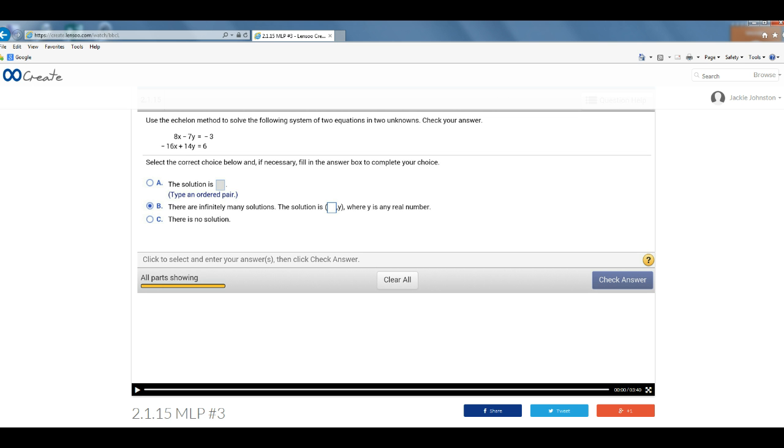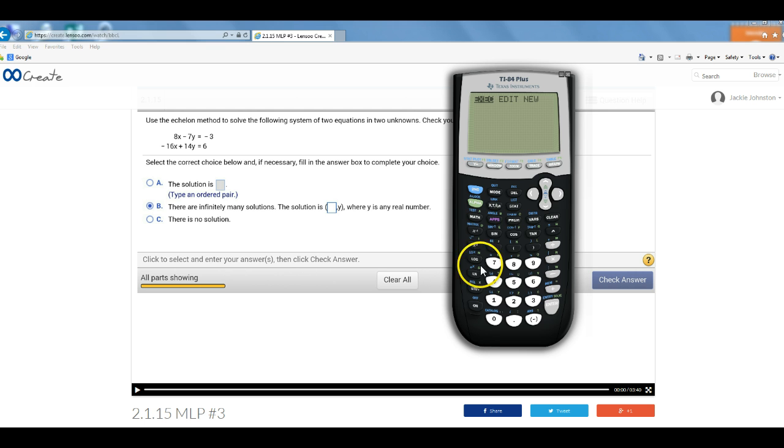Let's look at the same problem using a calculator. I'm going to bring up my calculator, go to second matrix, and put my matrix in. We have our x's and y's, so it's already in the proper form. We just need to write it as an augmented matrix, and it would be a 2 by 3.